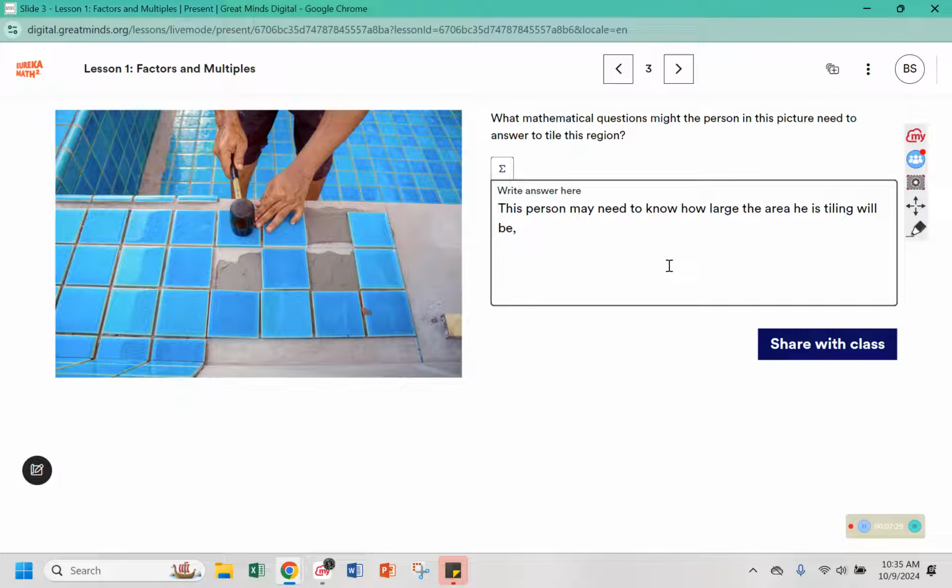He'll probably also need to know the size of the tiles. What to do if it doesn't fill the whole space. Does he need to leave a gap? Does he need to use a piece of a tile?